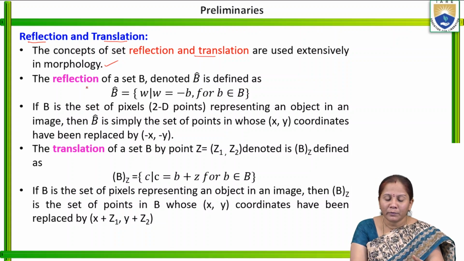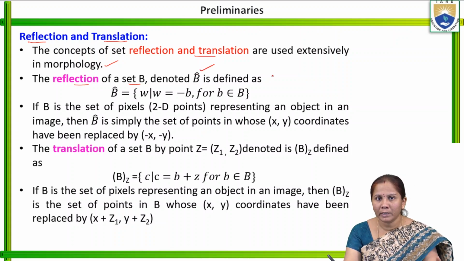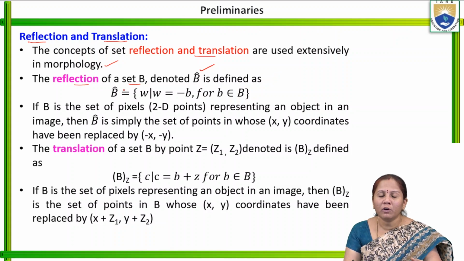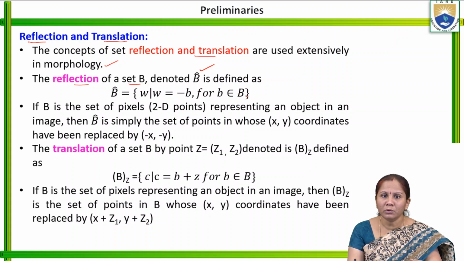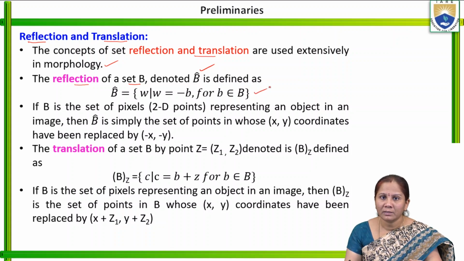Here reflection means the reflection of a set B. The reflection is denoted by B hat, or it can be called B cap. The reflection of set B is defined as B hat equal to the set of w, where w equals minus b, for b belongs to B. What is the meaning of this expression?